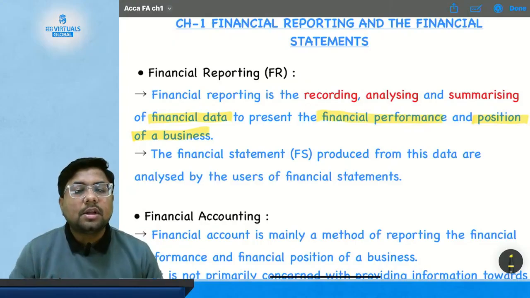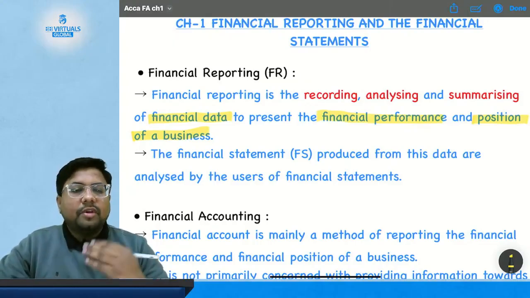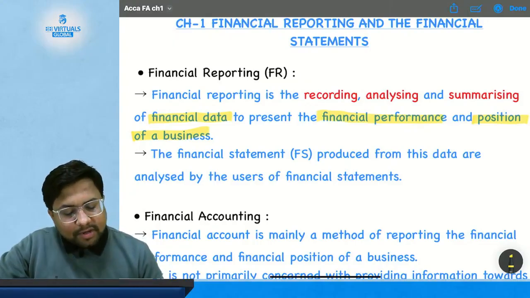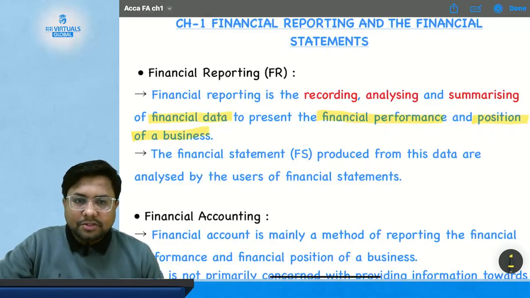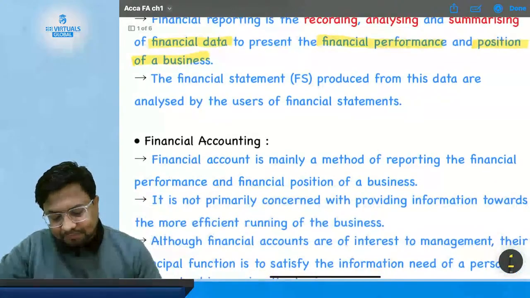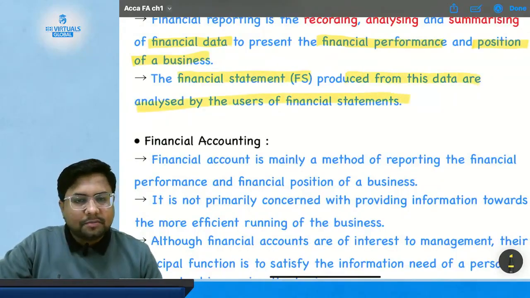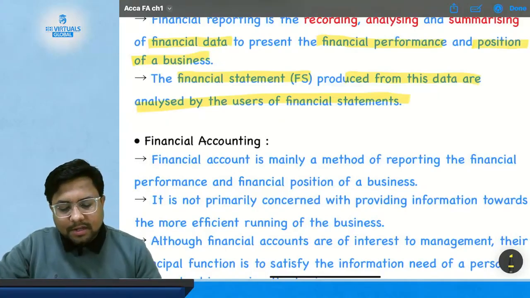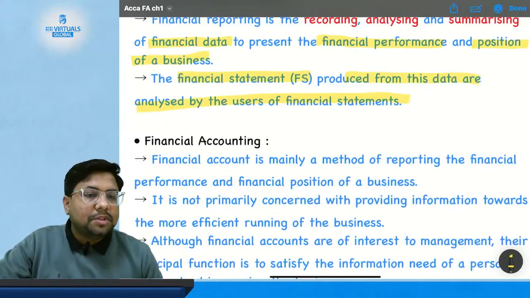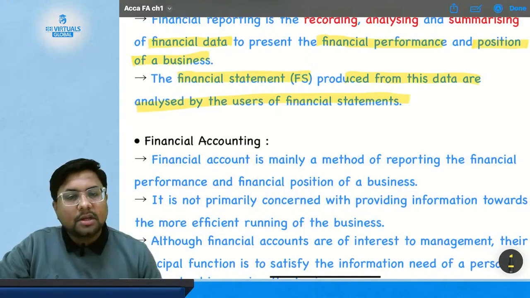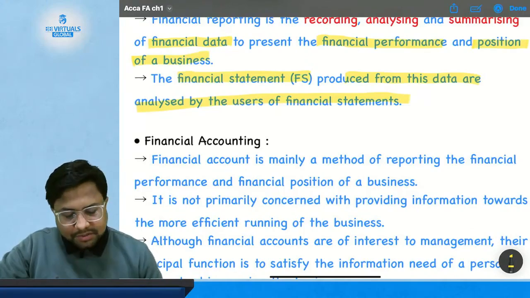It is a reporting of financial data to present the financial performance and financial position. The financial statements produced from this data are analyzed by the users of financial statements.